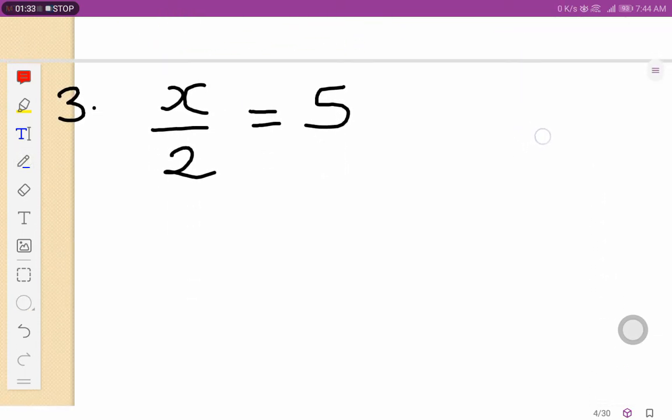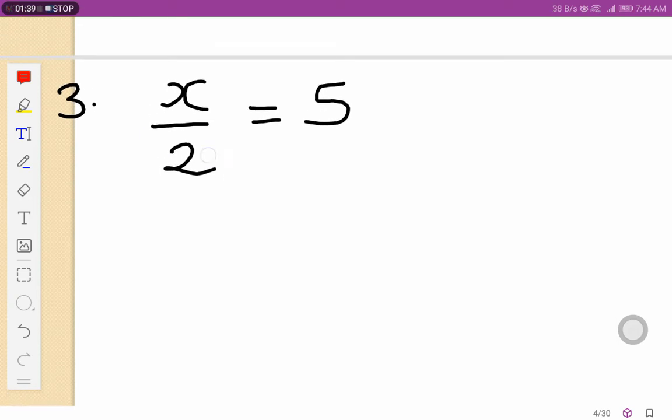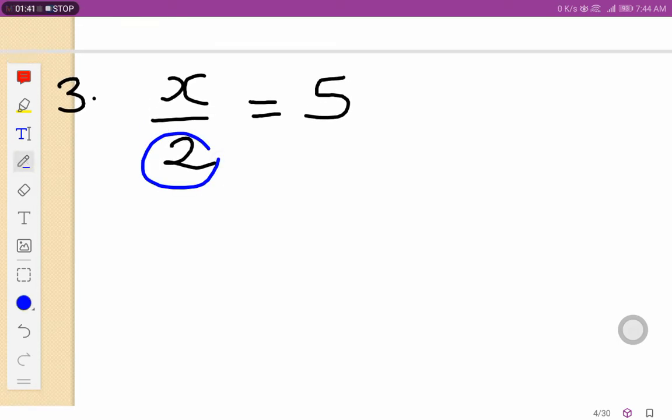Let's have another example. This one is now a bit different. For me to remove this 2, which is on the bottom, on the denominator, I'm going to multiply by 2 over 1 everywhere. So I'll multiply here by 2 over 1, and here by 2 over 1.